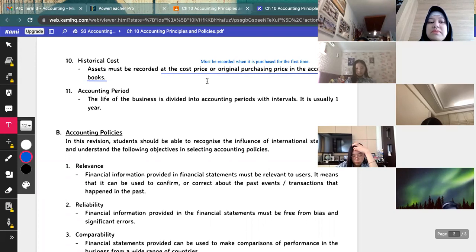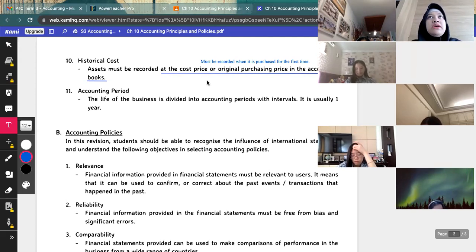Now, what it means by historical cost, when you are preparing the 2019 and 2020 statements of financial position, you must state the amount of premises with the purchasing amount when you first purchased that premises, which is 100,000.